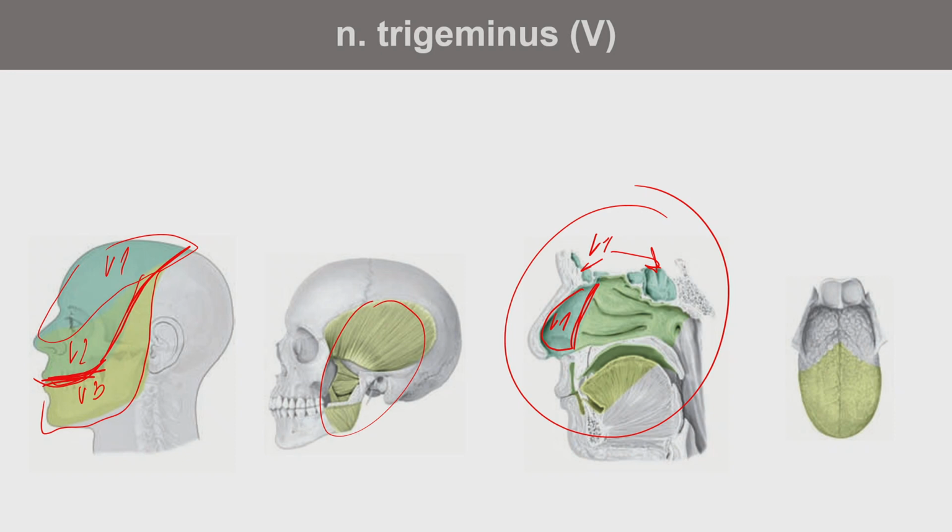The rest of the nasal cavity, where we have conchae, up to the region of the orifice of the tuba auditiva or eustachian tube, is the region of V2, the maxillary nerve.